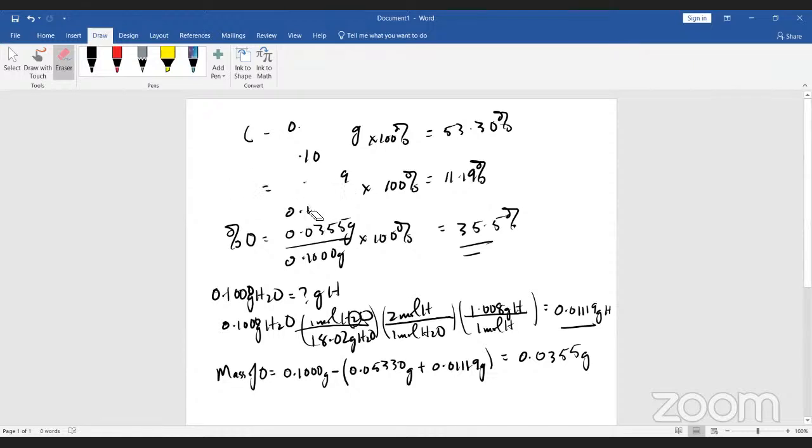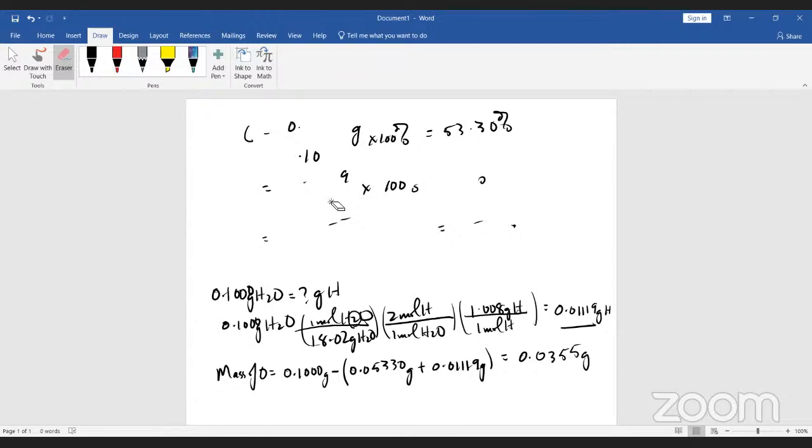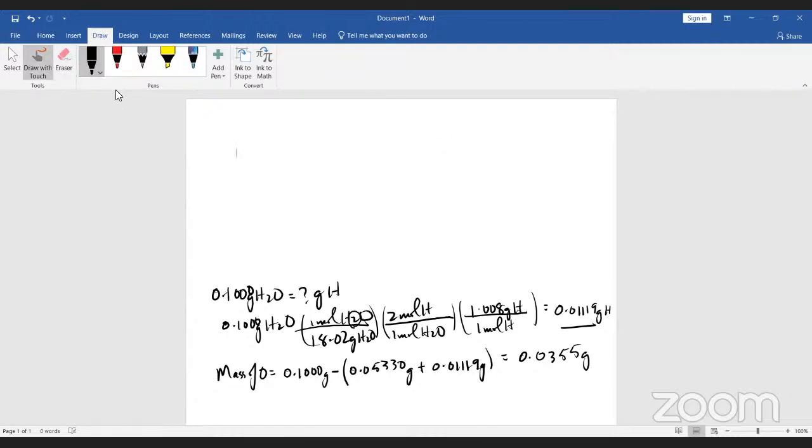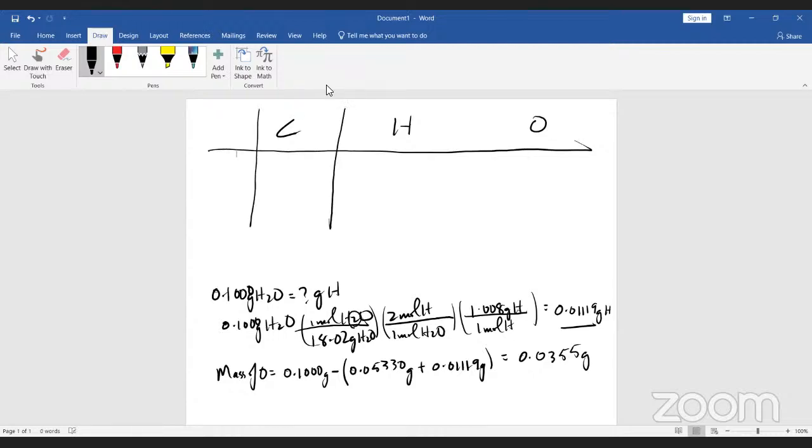And I'm going to do the same thing as I did previously when determining the empirical formula in the other examples that we looked at. I'm going to construct a table, so you may remember the steps involved in that. At the top of the table, I'm going to have carbon, hydrogen, and oxygen, and the first row will contain the masses.